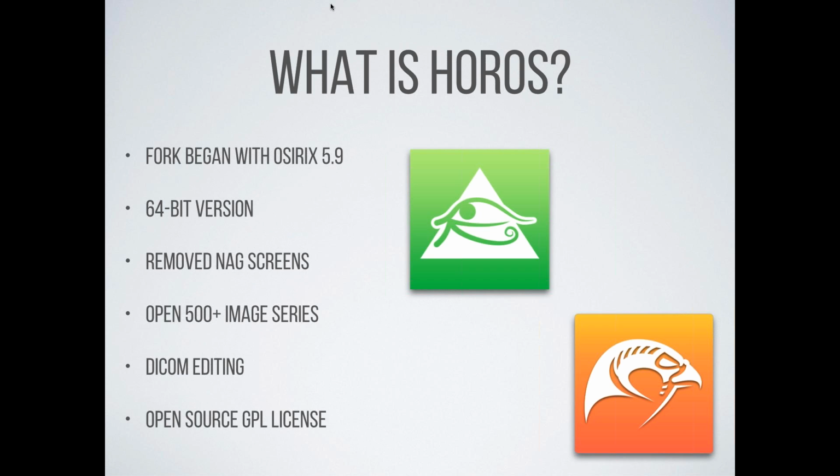Around the time when he launched this project, it was interesting to us here at Purview because we were just beginning to think about building our own fork of Osirix and calling it Horos.